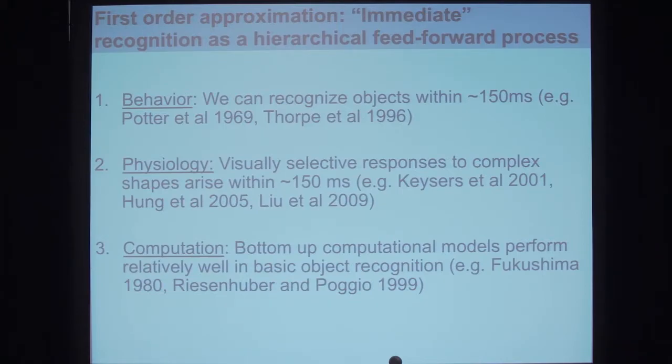There's evidence at the behavioral, physiological, as well as computational level that we can capture many of these computations essentially in bottom-up, feed-forward architectures that have also, of course, given rise to the tremendous excitement in deep learning and deep convolutional networks.